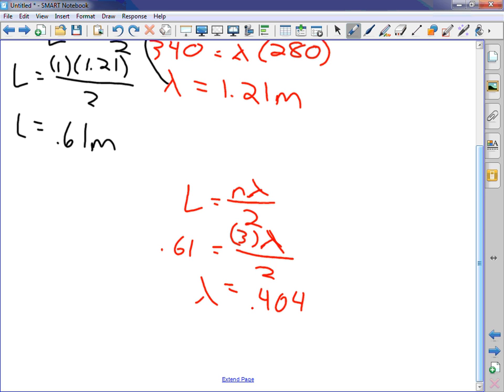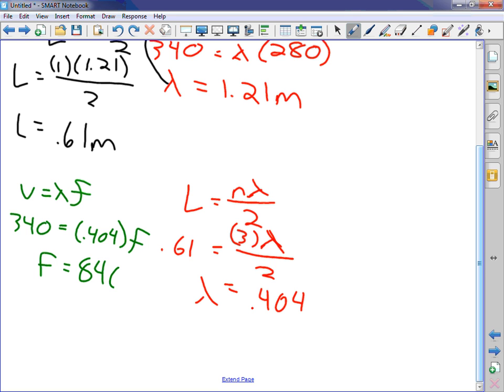Keep a few extra sig figs right here, don't care about rounding until the end. How do I get the wavelength to the frequency? Yes, the velocity wave equation. Right, so that's 340 equals 0.404 times f. Frequency equals what? 840. Unit, please. Hertz.